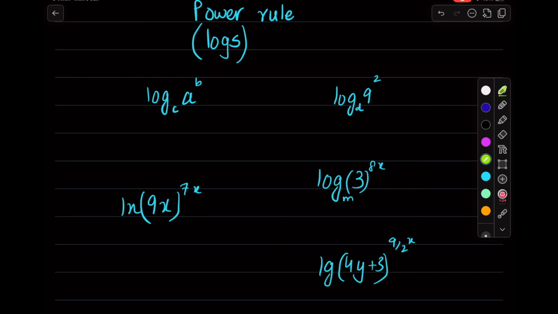And if that's the case, we can say that b could be shifted backwards and it could become b times log base c of argument a. So b can become the coefficient of the entire logarithm. Let's take another look to understand it better.